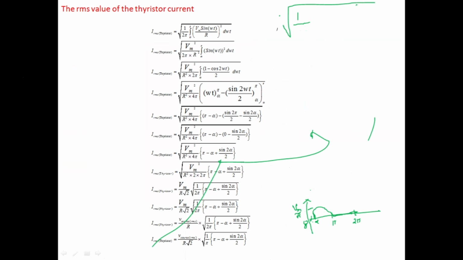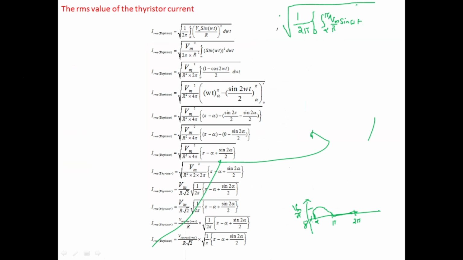So we should write 1 by 2 pi, integral from alpha to pi, of Vm by R sin omega t, whole square.